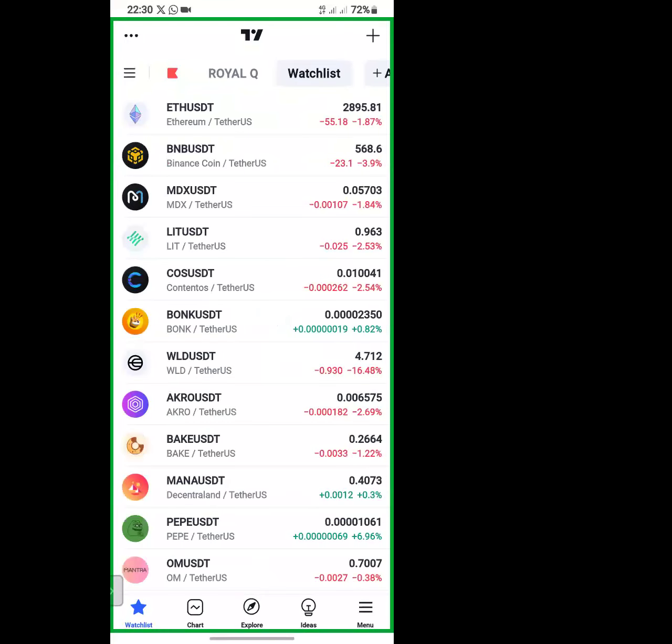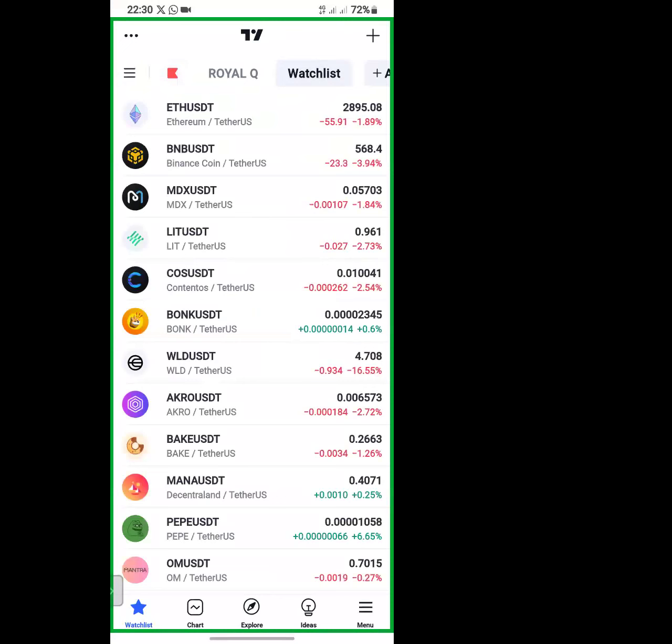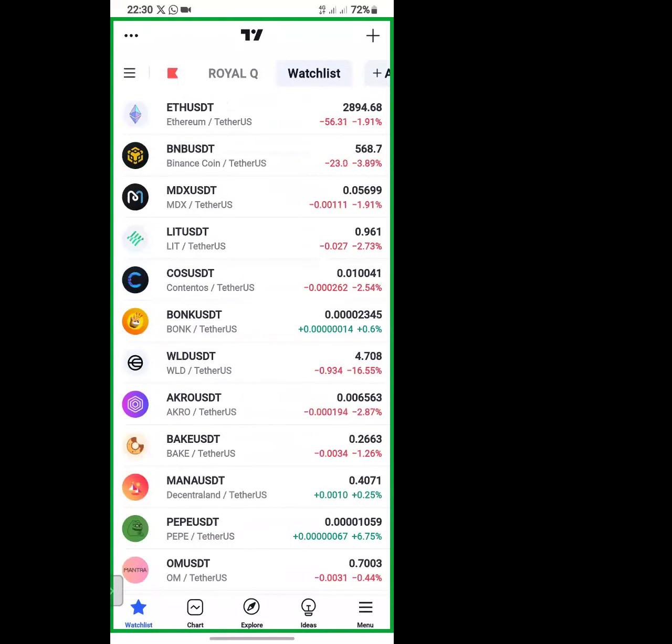These are the currencies we've added on the watch lists, on our first watch list, then we have the red list. If you exhaust this watch list, you go to the red list and add more. If you don't know these currencies, you just have to go to RoyalQ and look at them one by one as you add them.